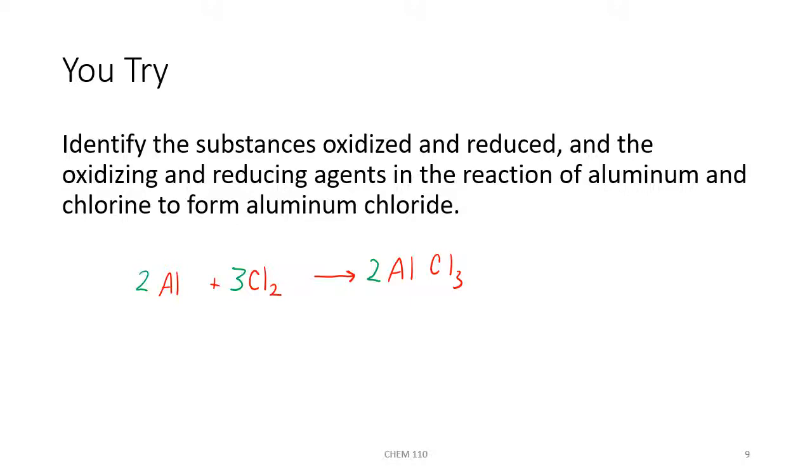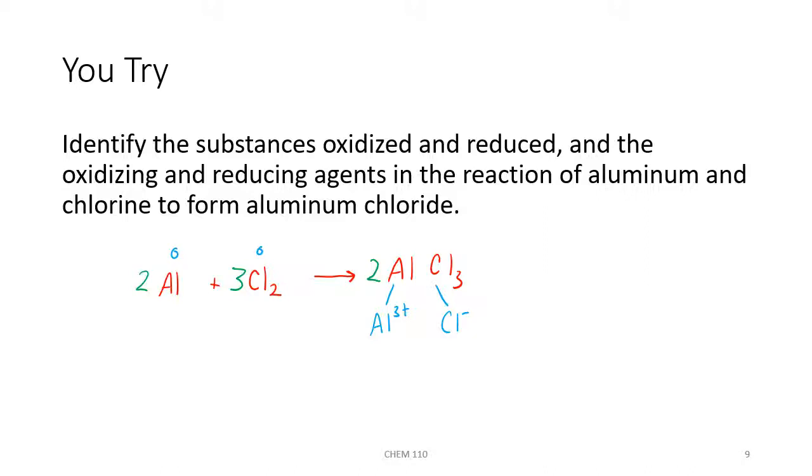To figure out who was oxidized and who was reduced, we have to think about how the charges in the substances changed. Aluminum is not a charged species, and chlorine is not a charged species. Our aluminum chloride is. Aluminum in compounds forms a +3 charge. Chloride is a -1 charge.